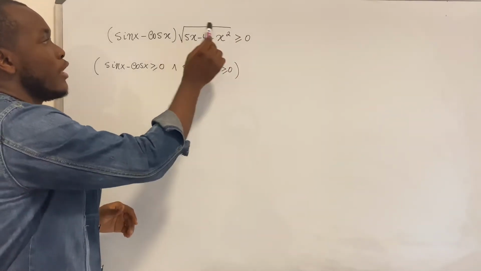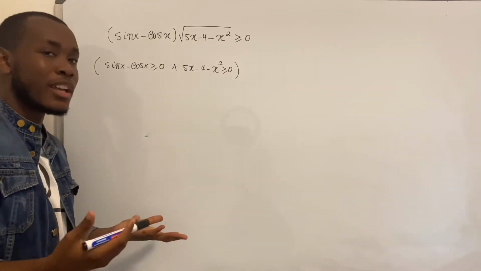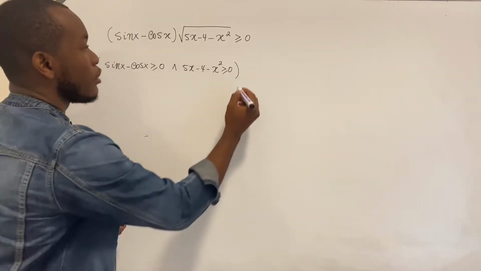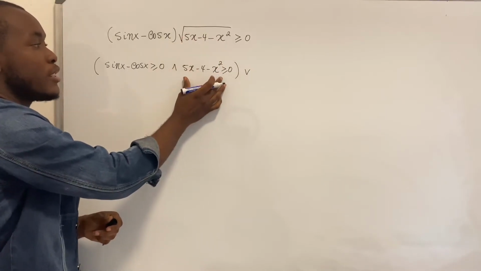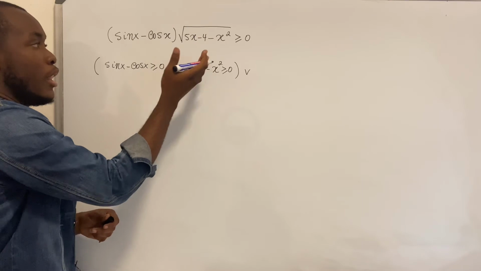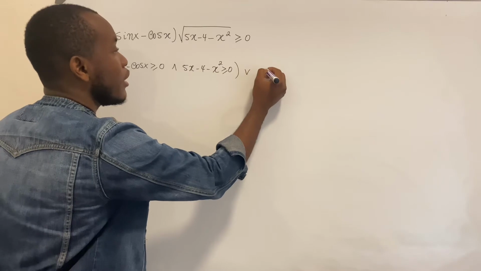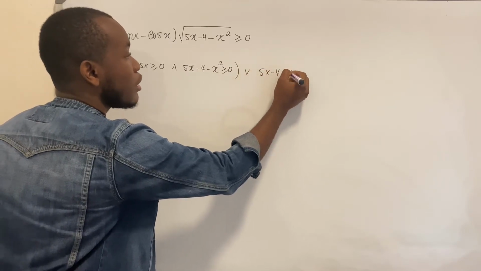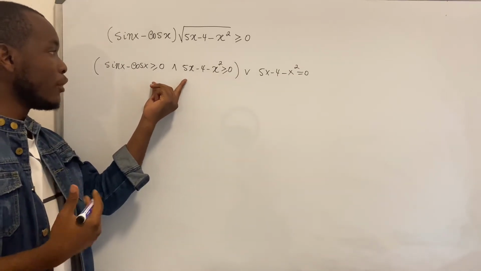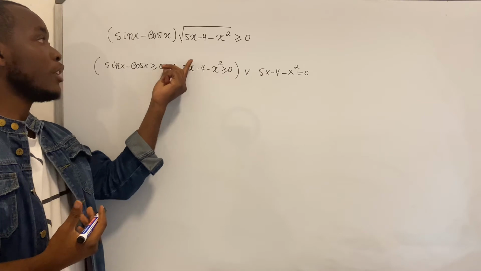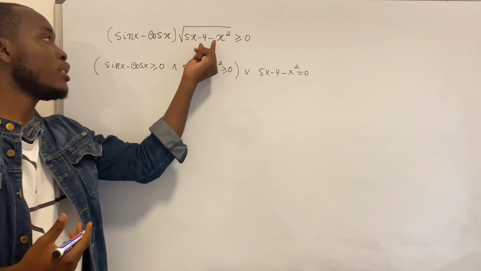There is only the square root of a positive number; we can never have the square root of a negative number. Since this expression can only be non-negative, the other condition that may satisfy our inequality is the expression inside the square root being equal to 0. Why?